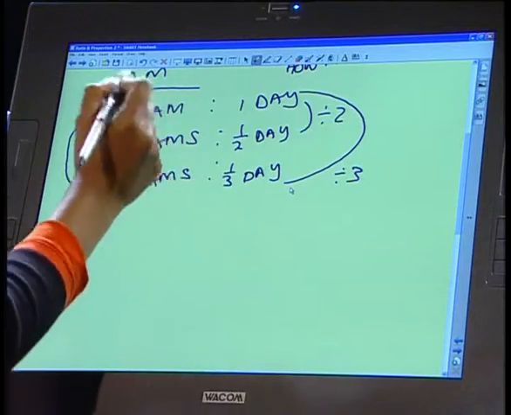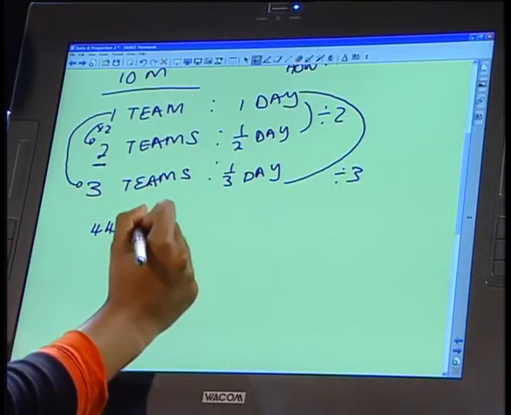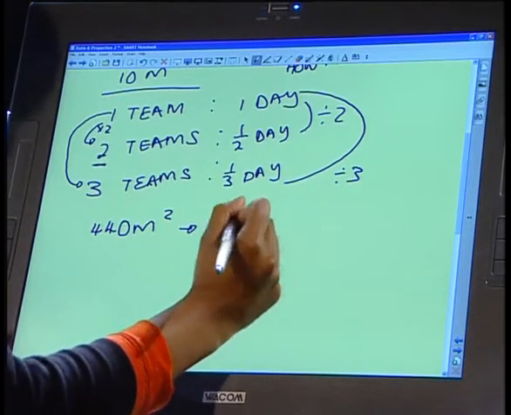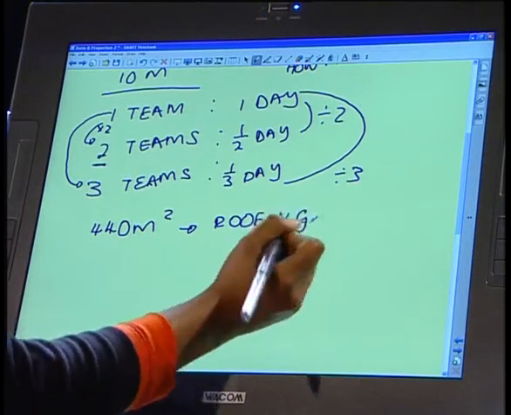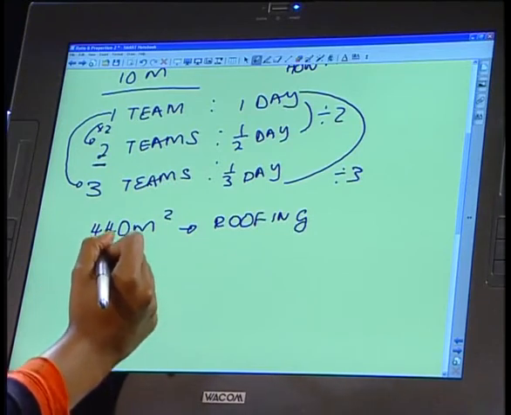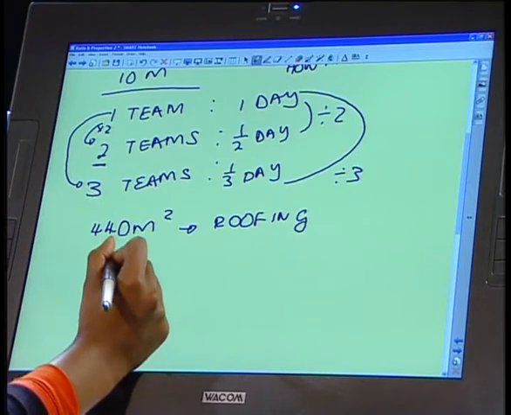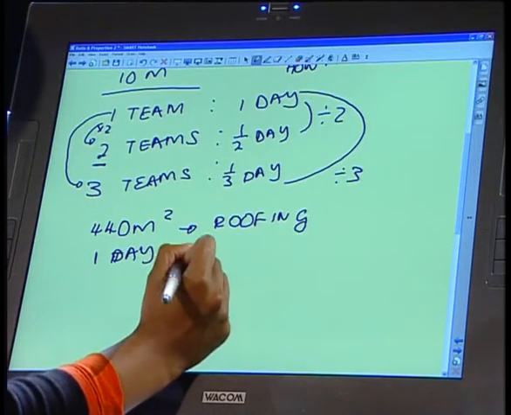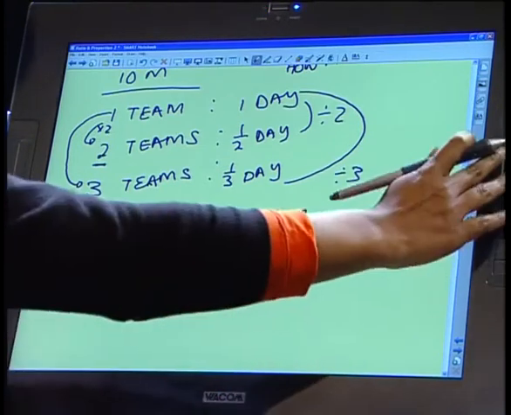But we are not dealing with 10 meters squared. We are dealing with 440 meters squared of roofing. All right, so we know that it takes 1 day to put up 10 squared meters of roofing.